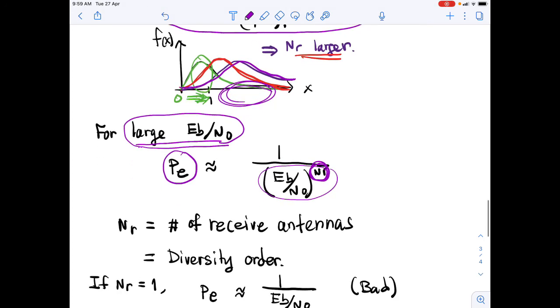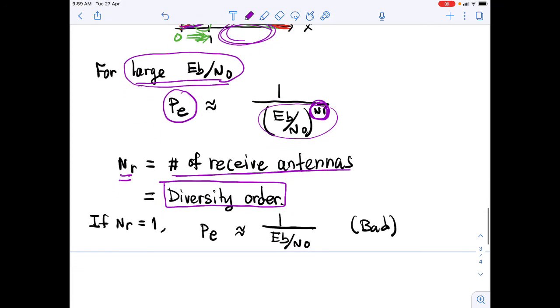So remember, NR is the number of receive antennas. The bigger the number is, the smaller the bit error rate is going to be, or the better the performance is going to be. We also call this NR the diversity order. It tells us how much diversity this transmission scheme has, so it is equal to the number of receive antennas.